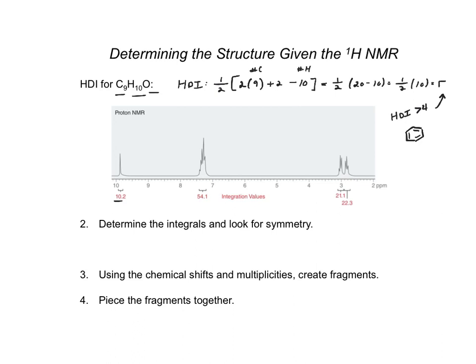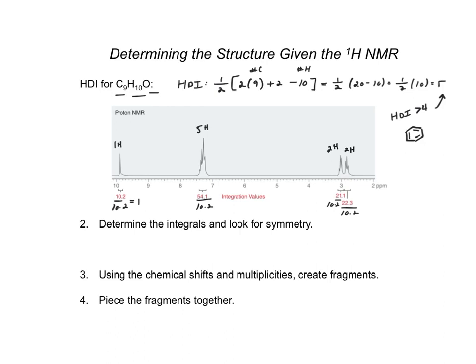The first signal integrates to 10, the second to 54, the third to 21, and the fourth to 22. To take these values and make them into actual numbers of protons, we divide all of them by the lowest number, 10.2. What we end up with is 1 proton for this signal, 5 protons for this signal, 2 protons for this guy, and also 2 protons for this guy.